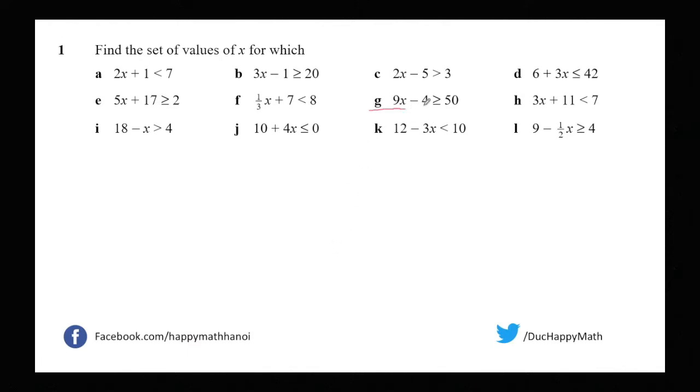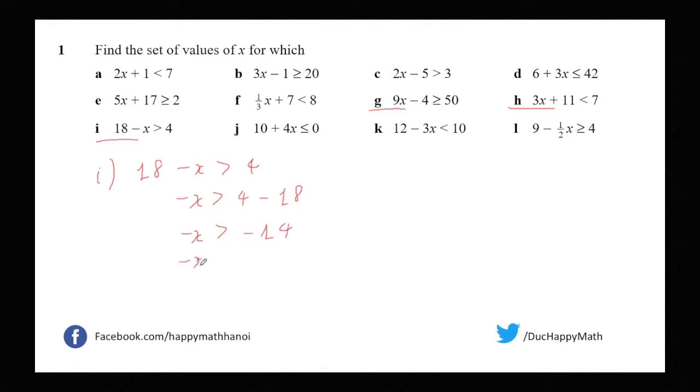Question J and question H are the same, and I will do this one, question I. First, I will move the 18 from the left to the right, and you get minus x greater than minus 14.